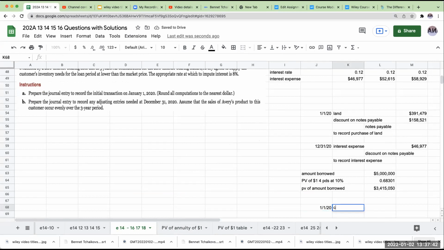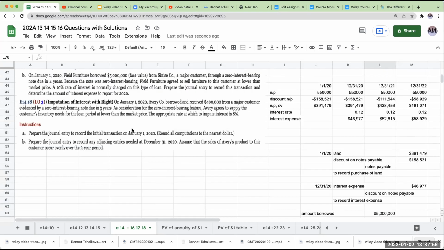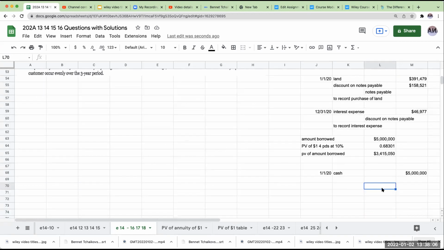I'm getting cash at 5 million. Let's think this through. I borrowed 5 million, so I'm getting 5 million.